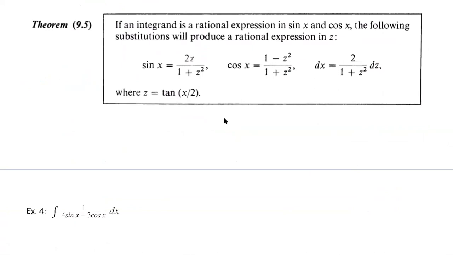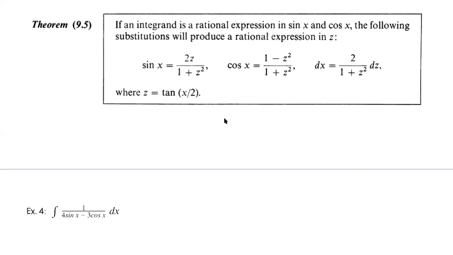There are situations where you end up with sums of sine and cosine, and because they're both in the denominator, it's not easy for us to use a traditional u sub, because our u is going to be in the denominator, and so would our du, but that doesn't really work out for us conceptually. So these are very specific substitutions, and this might be helpful in answering some of those quiz questions.